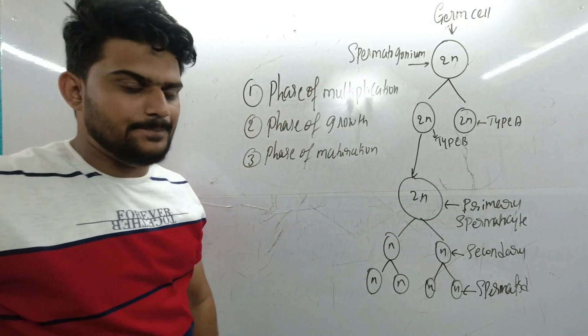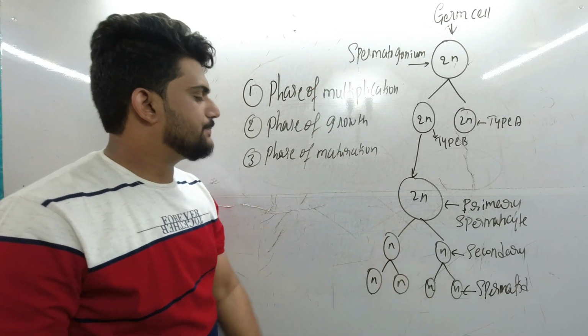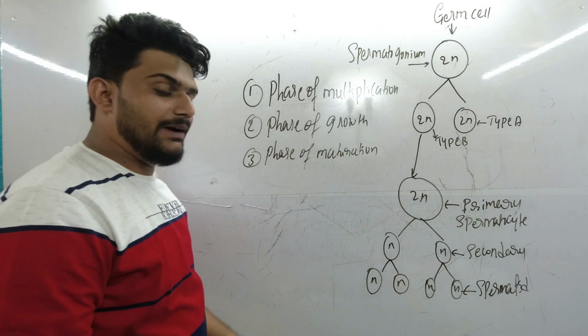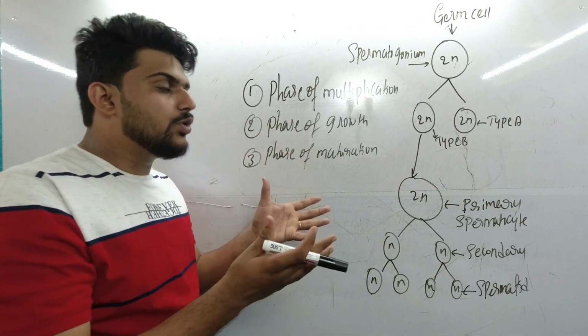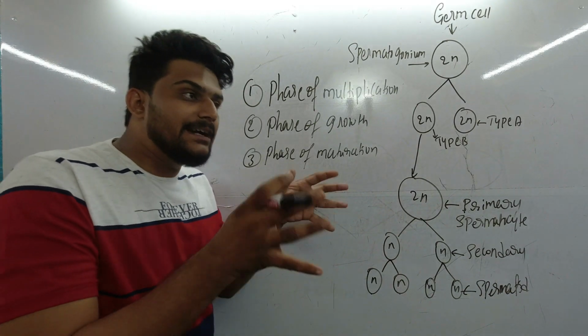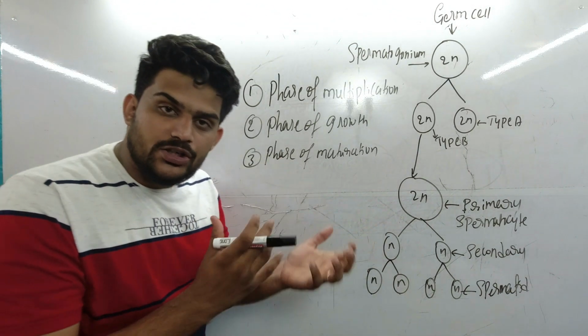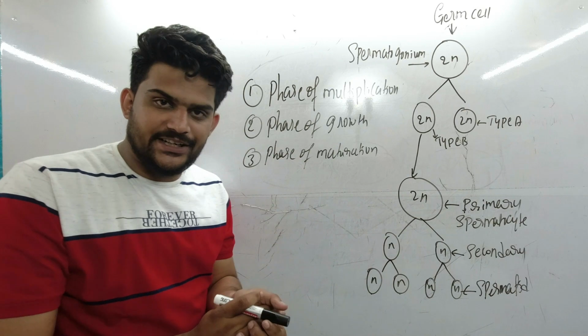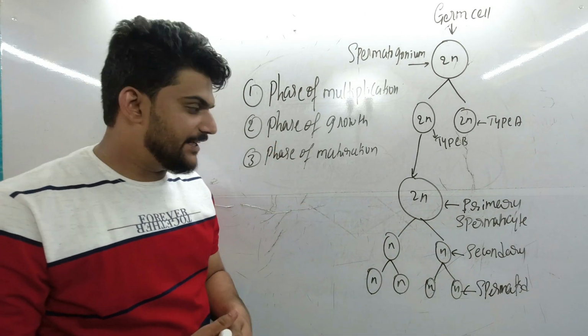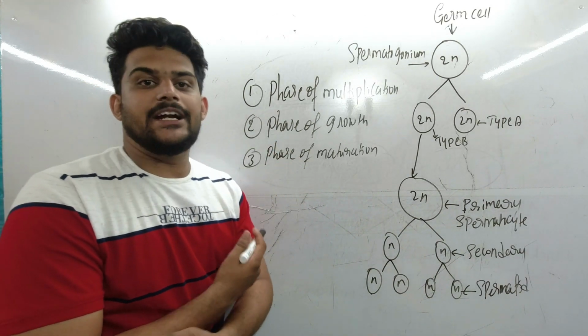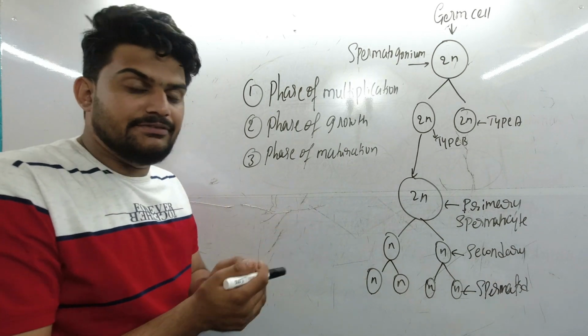Then when we come to the phase of growth, the cell is going to grow to a larger size by accumulating lots of nutrients, media and cytoplasm for the future processes and for the division processes.